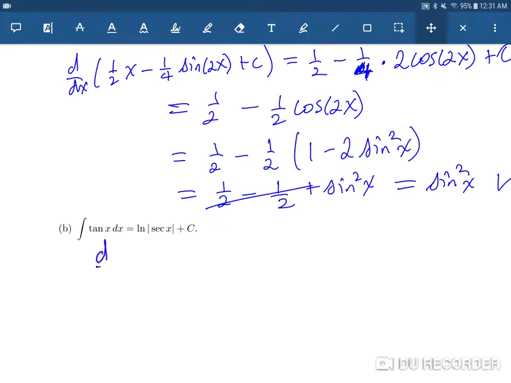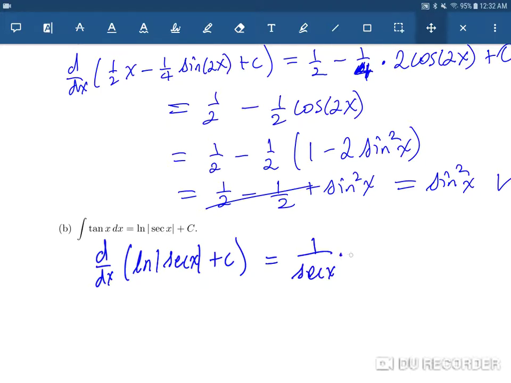So same way, we're going to differentiate natural log of absolute value of secant of x plus c. Well, the derivative of natural log of absolute value of x, we saw this in class, is 1 over x. So this is just 1 over secant of x times the derivative of secant of x.